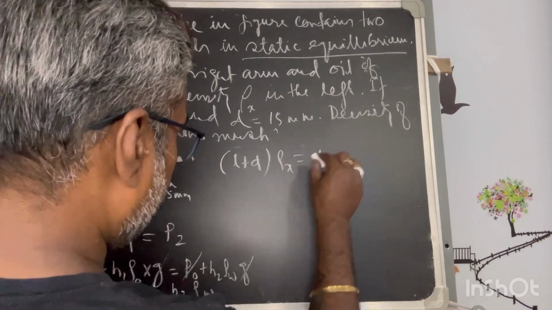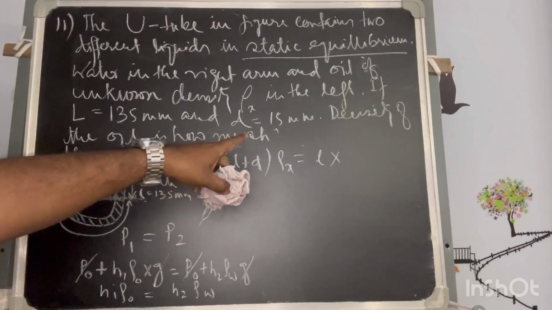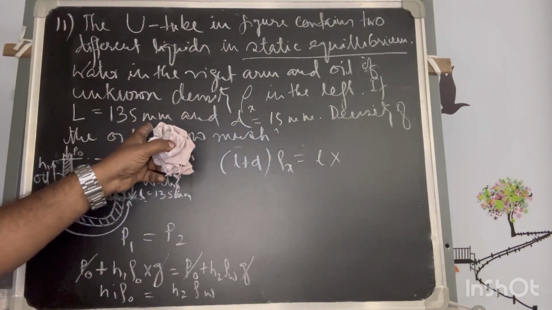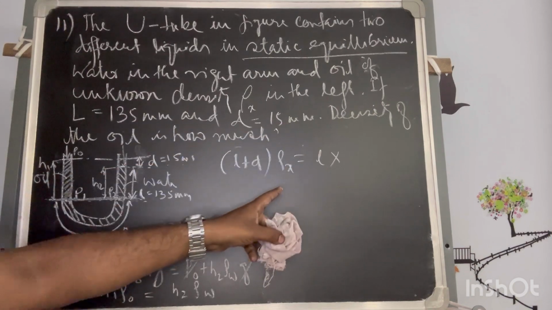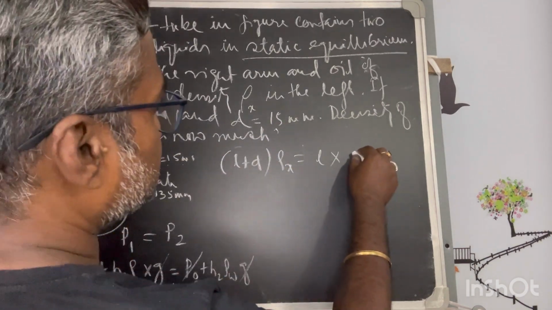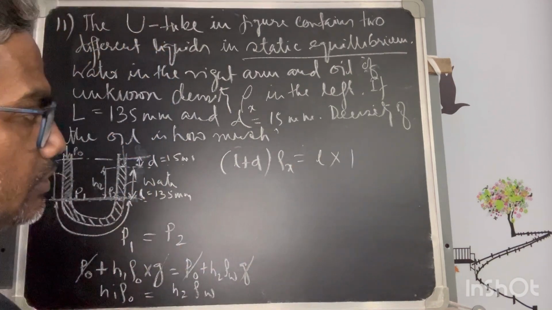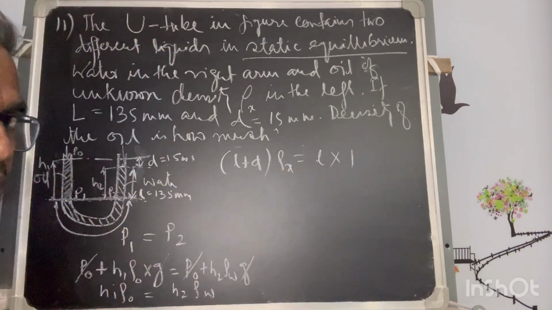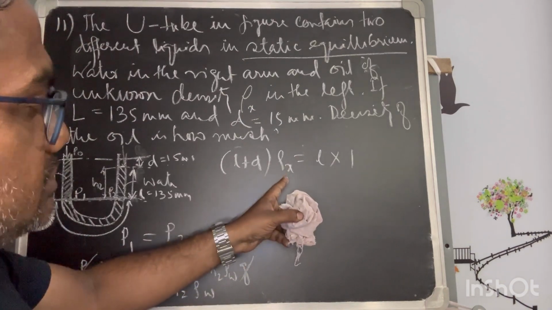H2 is your L, and rho of water, as all this is in CGS, this is CGS. So if I take the density of water, which can be taken as 1 gram per centimeter cube, in that unit also this density will come.